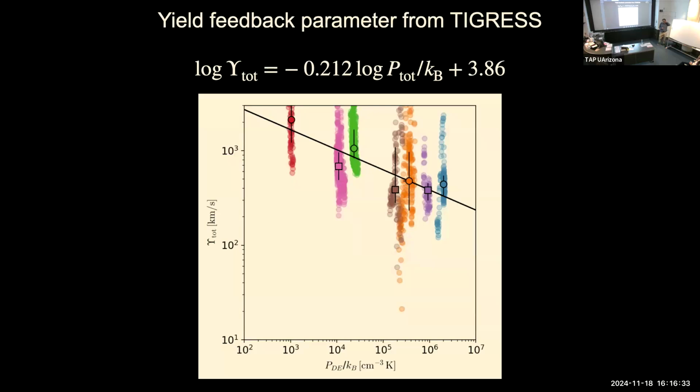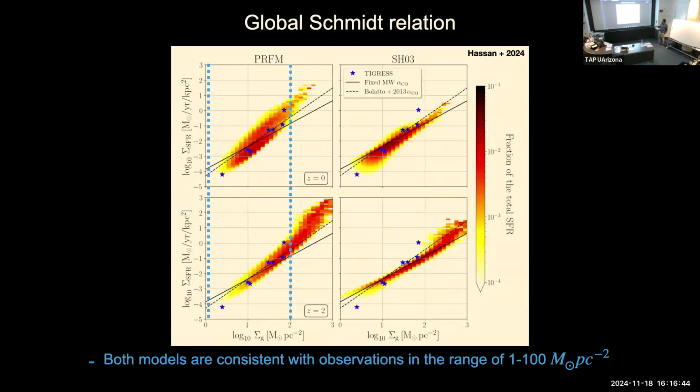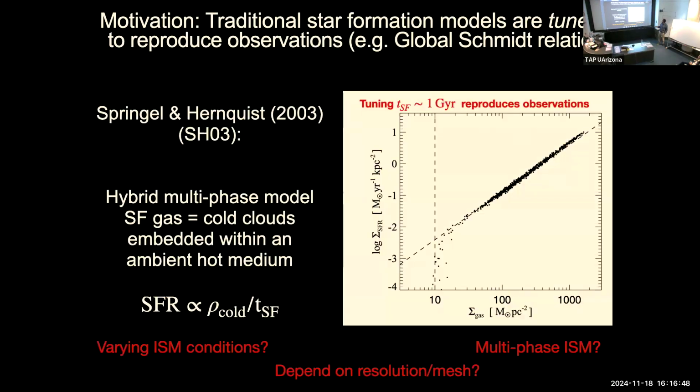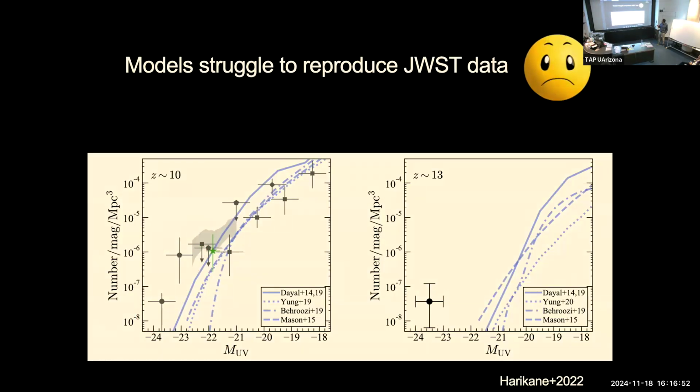I have a couple of questions, and the first one was more a comment on that UV luminosity function plot that you just had up, the one from Harikane 2022.